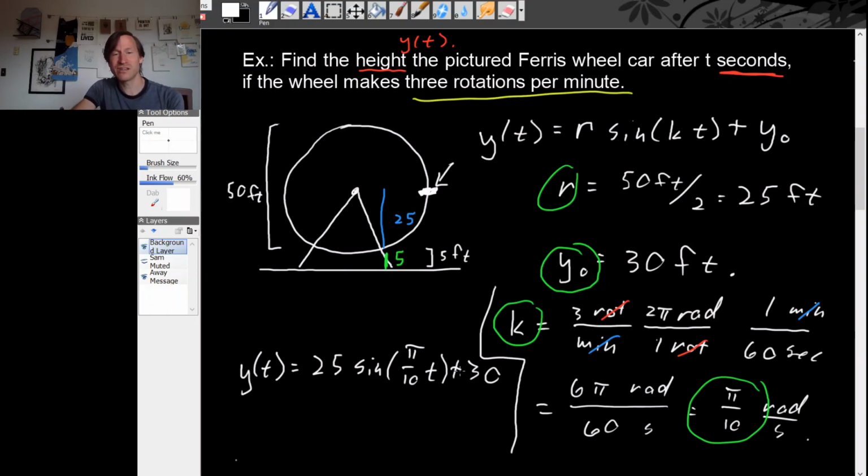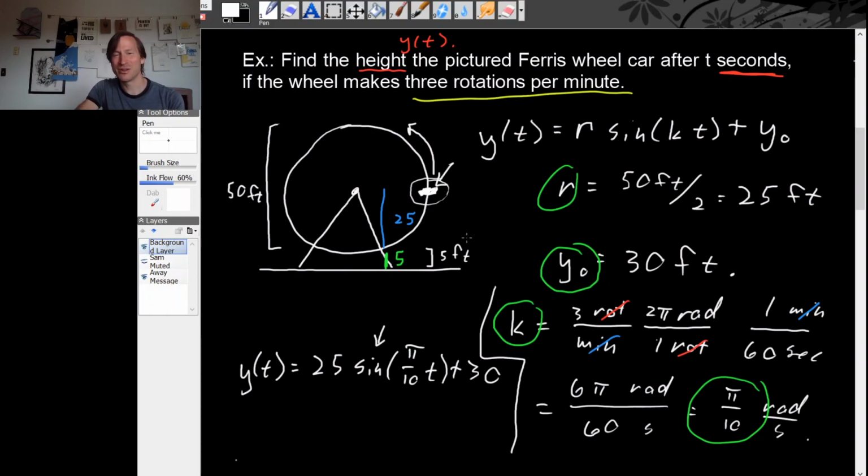There are 2 assumptions about the situation that are built into this formula. The first assumption is that the Ferris wheel car actually starts here at the far right-hand point. And we made that assumption when we used sine to describe this sinusoidal function. And the second assumption we made is that this Ferris wheel is rotating counterclockwise.